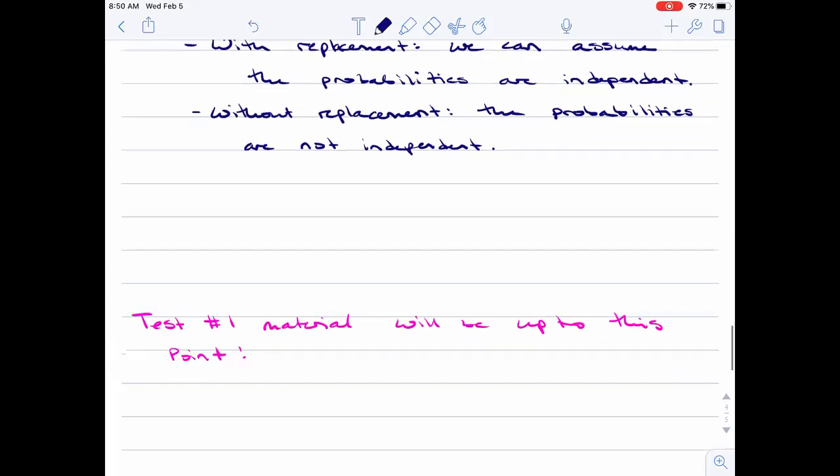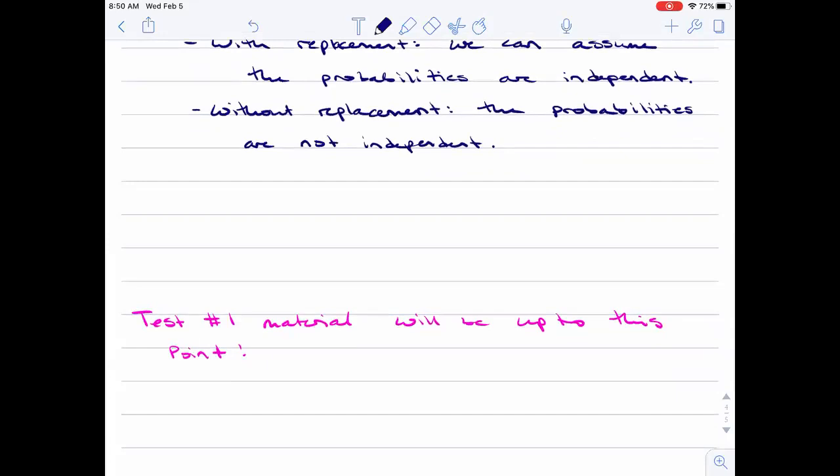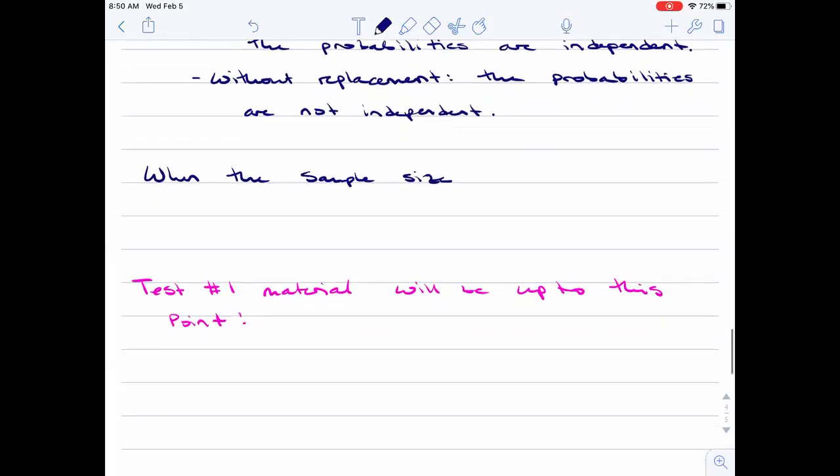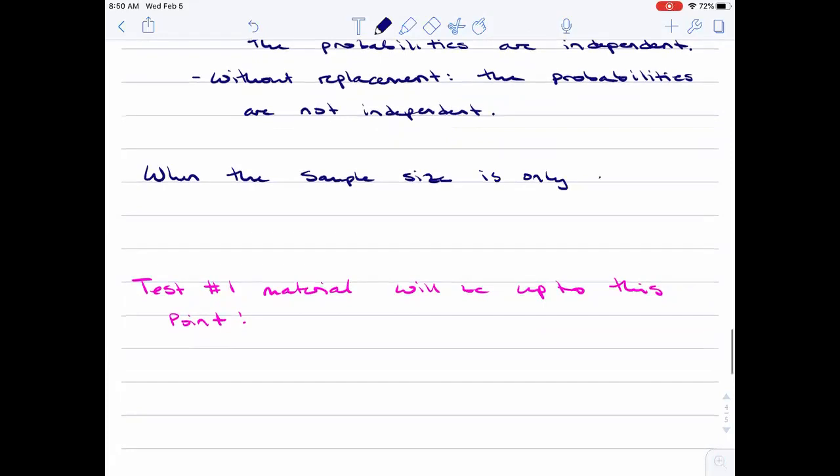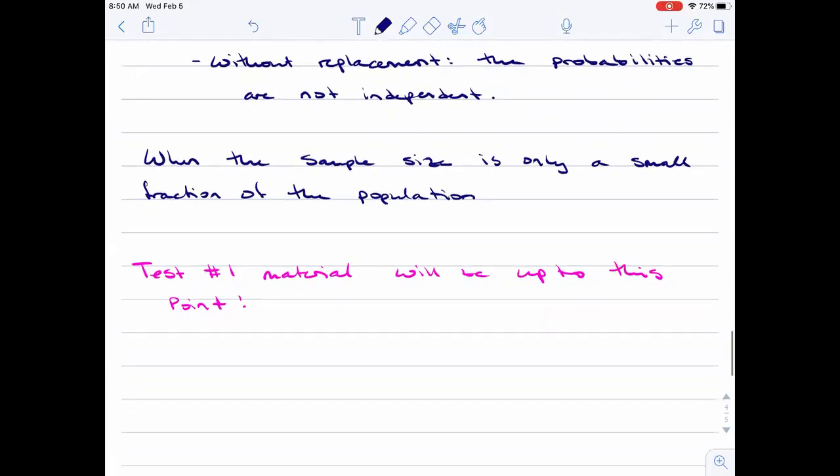Okay? And so when the sample size is only a small fraction of the population, and here we're actually going to say under about 10% of the population.